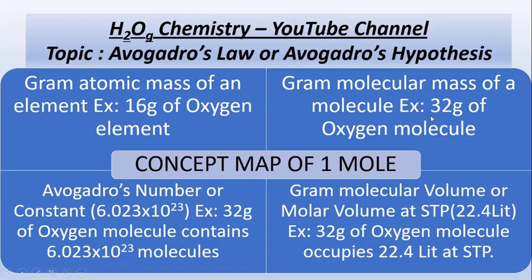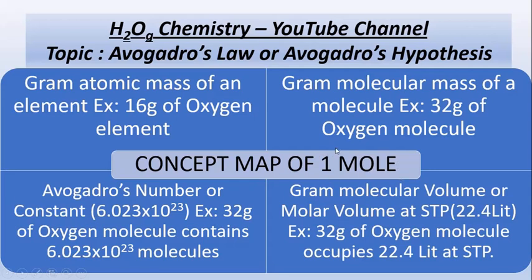For example, 32 grams of oxygen molecule is also 1 mole. Similarly, 2 grams of hydrogen molecule, 28 grams of nitrogen molecule, all we can say 1 mole. So I conclude gram atomic mass of an element or gram molecular mass of a molecule is equal to 1 mole. So this concept you should be very familiar.